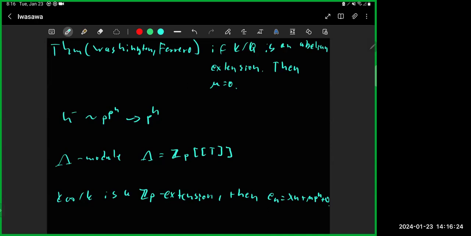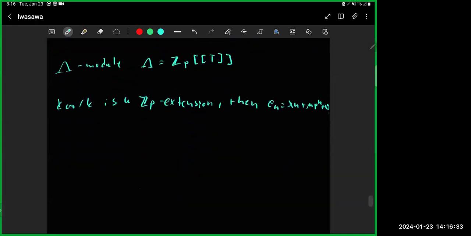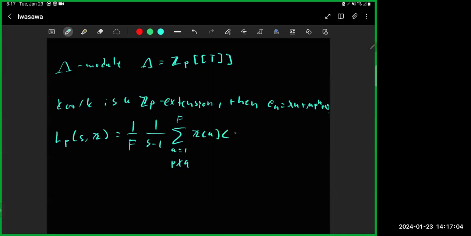And if you want specifically, in full, the p-adic L function actually has a series expression if you go via this method, and it looks something like, L_p(s, χ) is equal to, okay, this is where it gets intense. 1 over F, where F is the conductor of this Dirichlet character, times 1 over s minus 1 times the finite sum over a from a equals 1 to F, where p cannot divide a, of χ(a) times an object that I'll call ⟨a⟩.